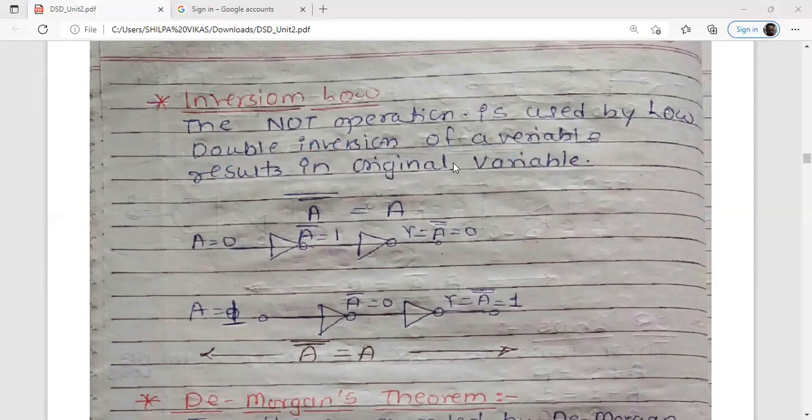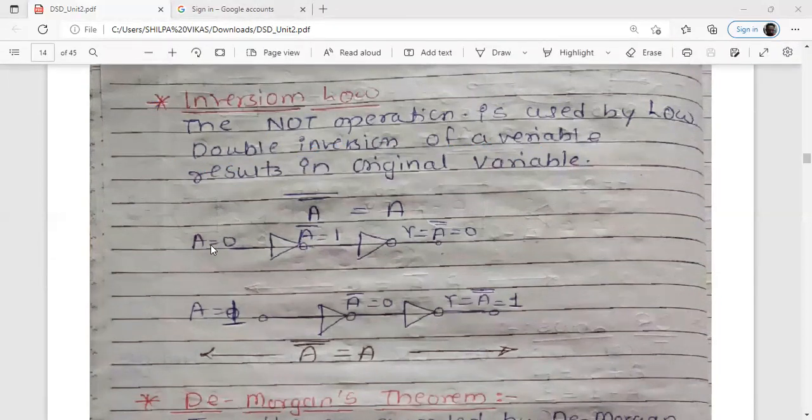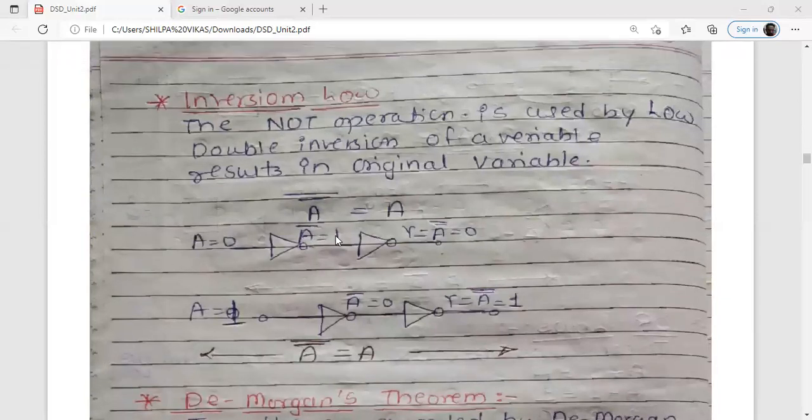So if a is equal to 0, the inversion of a is equal to 1, and again we invert this value using one more NOT gate, then y is equal to the double inversion of a, which is 0. So we get the original value. And if we check for 1, a is equal to 1, a bar is equal to 0, and again inverting, we get the same value.